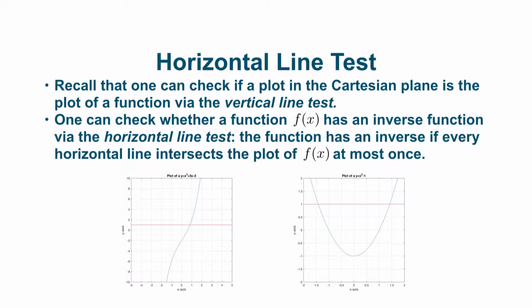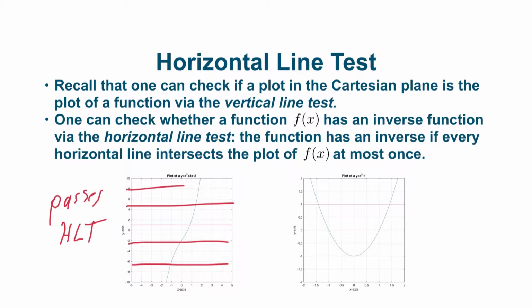So here's a picture of an affirmative case on the left. The function is y equals x cubed plus 3x minus 2. And I plotted it. So I draw horizontal lines. All of these intersect the function only once, and hence I have an inverse function. Compare that to the plot for y equals x squared minus 1.